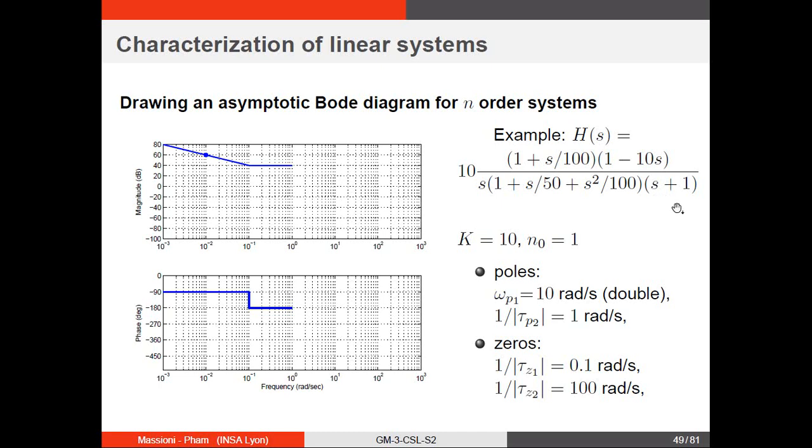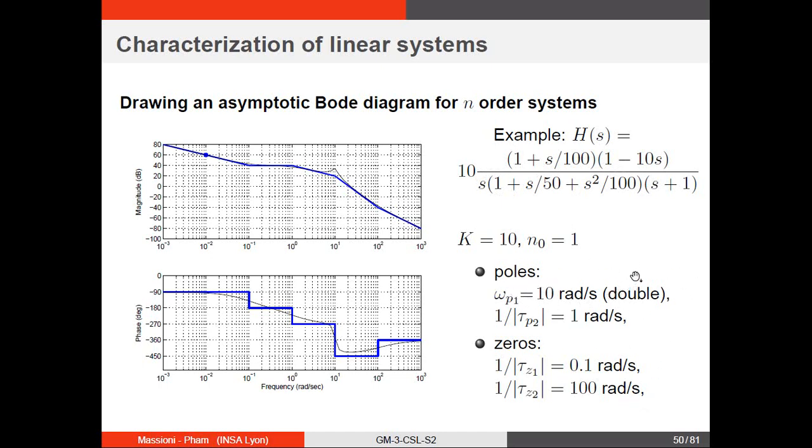Negative real part pole means losing minus 90 of phase and going down 20 decibels per decade of slope, and so on. So what is next? Here we arrive at the second order term, which is here at 10 to the power 1.